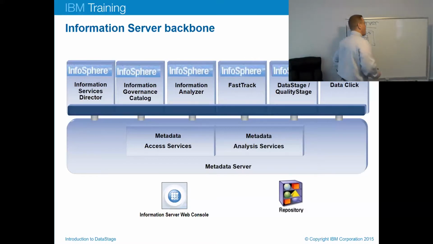To design that job, and I know I'm blocking it here, I'll get out of your way in a moment. To design the ETL job, he's going to add to his canvas a stage to connect to the database. Maybe it's an ODBC stage he chooses to use. It'll look roughly like this.